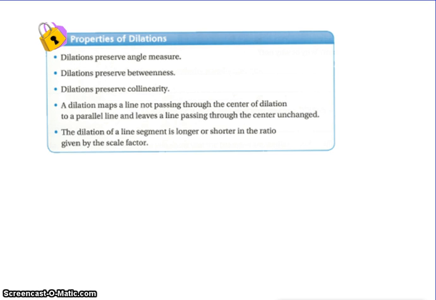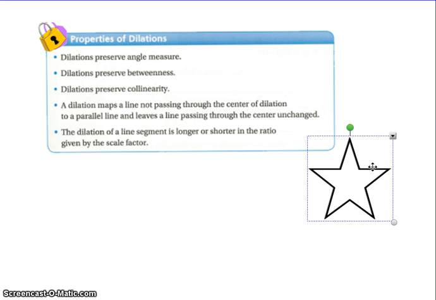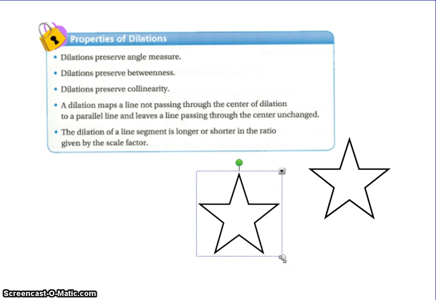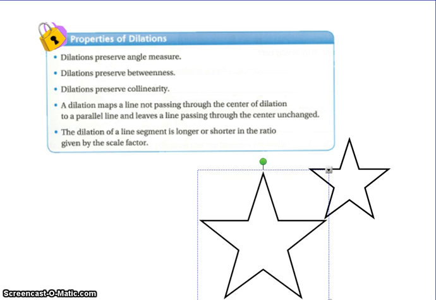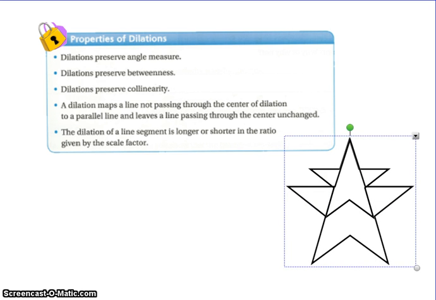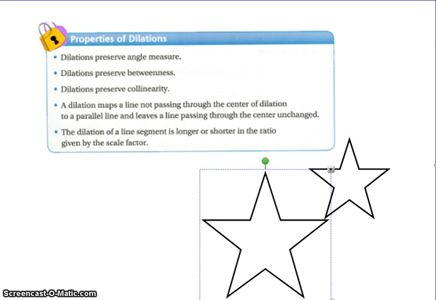Now, dilation will always preserve angle measures. Basically, when I take a figure, so let me grab a figure real quick. Alright, so let's use this figure, the star. If I were to copy this figure and dilate it, the angle measure that you see is still going to be the same. So let's take a look at this angle measure here.